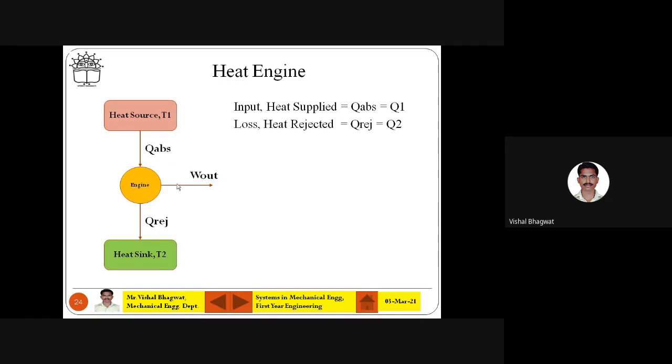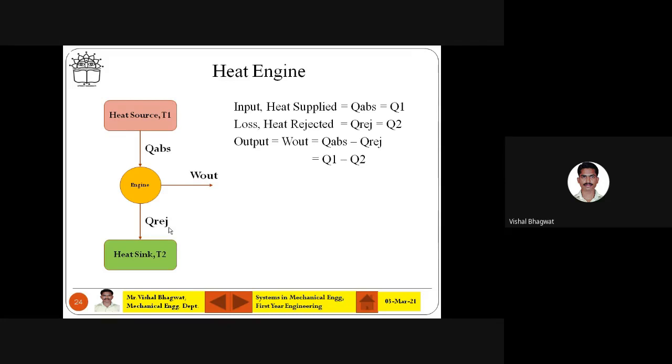Because it is a natural phenomenon. Heat is transferred from the high temperature body to the low temperature body, and by doing that, the engine is producing some work output. Work output is actually Q absorbed minus Q rejected, that is Q1 minus Q2. Input is Q1. Output is Q1 minus Q2.